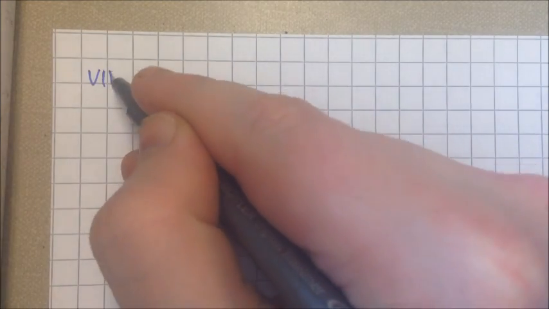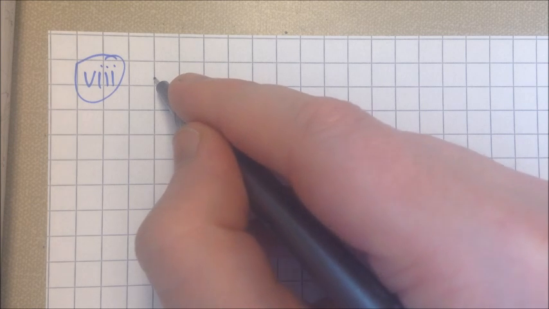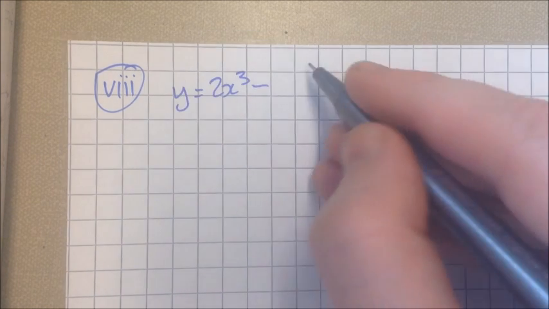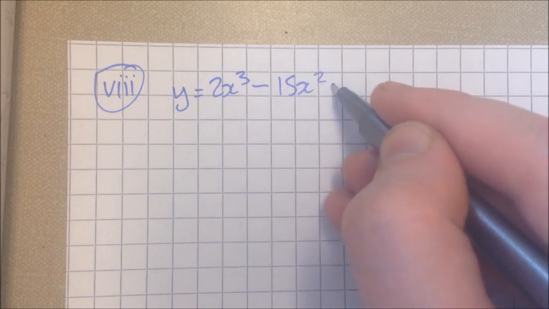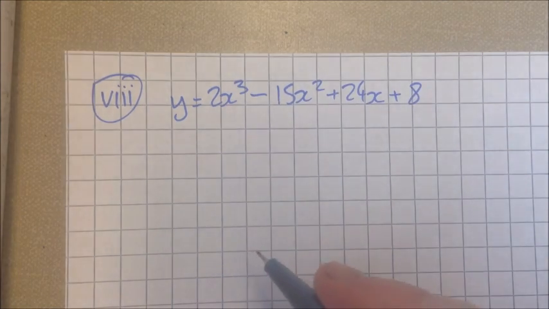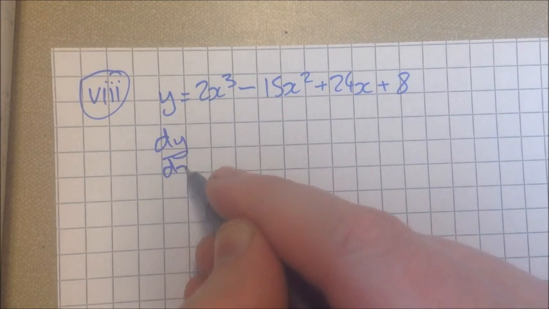And the last question, finally. 2x cubed take away 15x squared plus 24x plus 8. Differentiate.